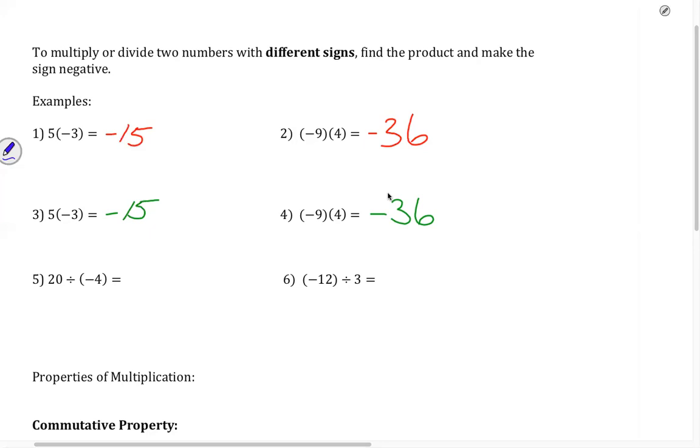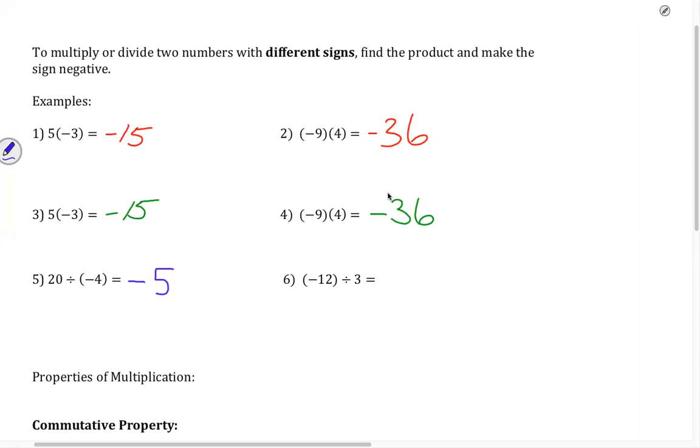All right, number 5. Destiny. Do you happen to know what 20 divided by -4 is? I'll give you a hint. Negative. Stop me when you know it. -5.